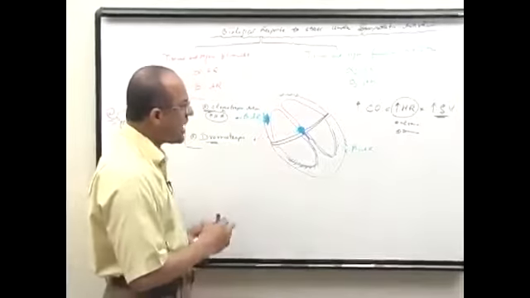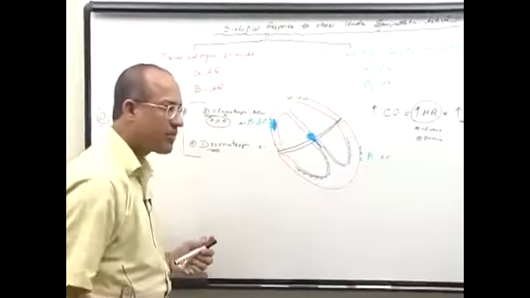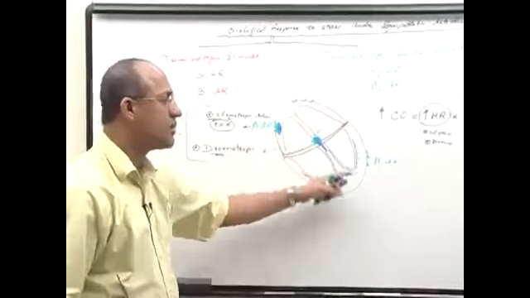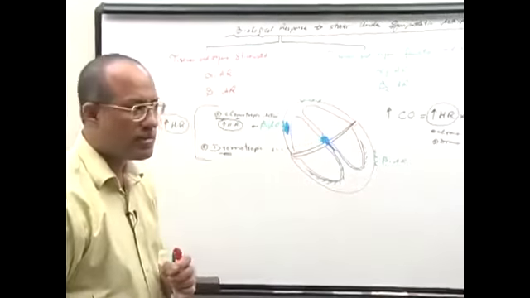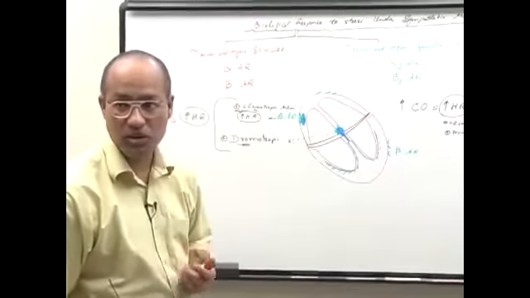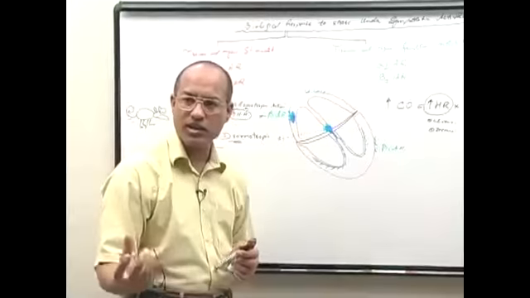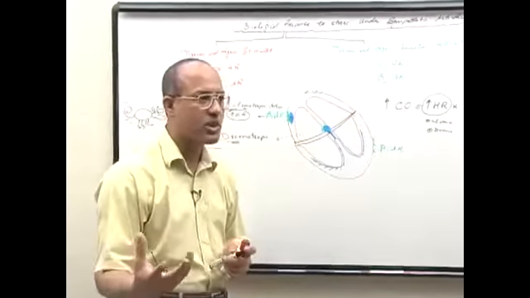Now we come to the action on the myocardium which contracts, right? Atrial myocardium and ventricular myocardium. This myocardium also has beta 1 receptors and this is also stimulated. And when they are stimulated, their action is increased contractility.